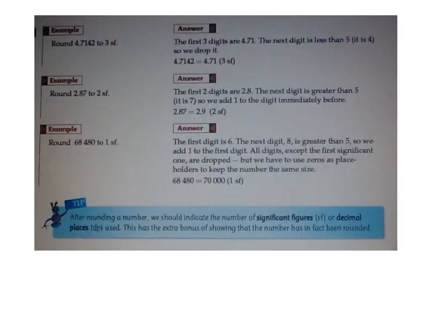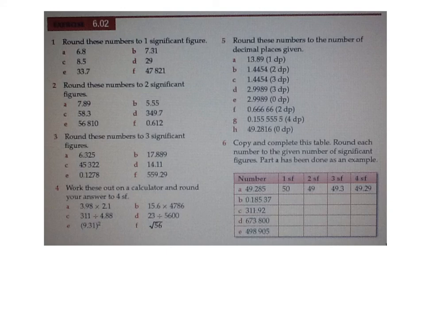Here are 3 more examples for you to practice. Significant place. Questions on the left, answers on the right. Absolutely correct answers, so that if you've had a go at the example, you can mark yourself and see how you've gone. When you get to this slide, exercise 6.02, I'd like you please to do question 1 and question 2.